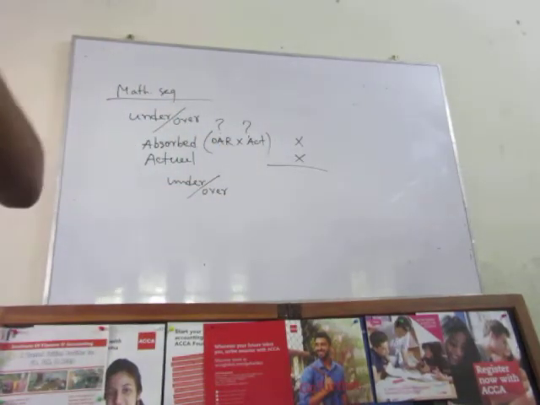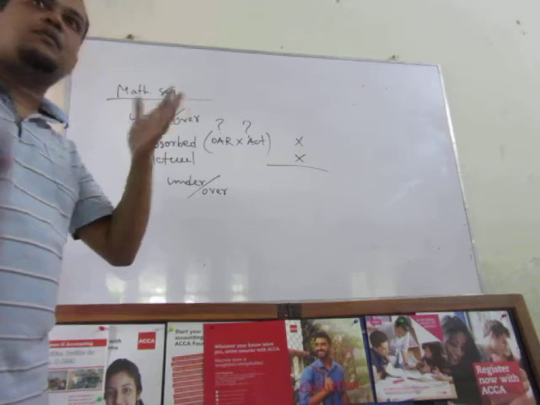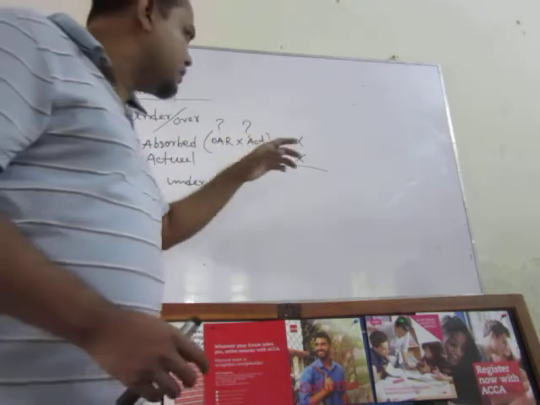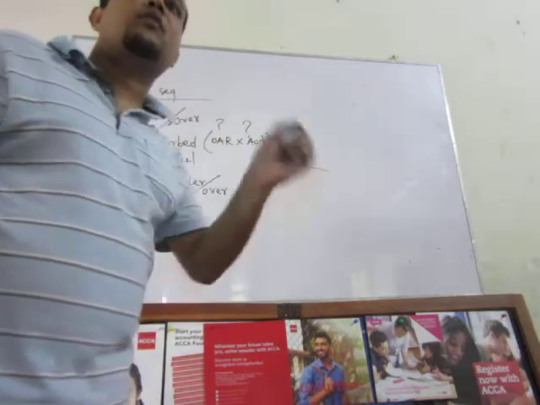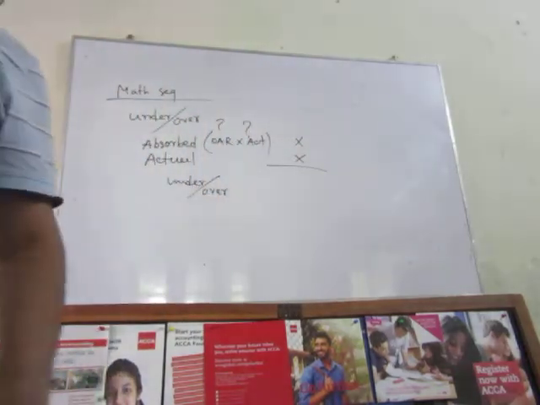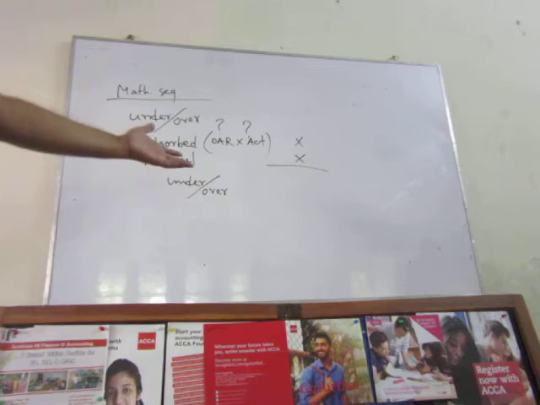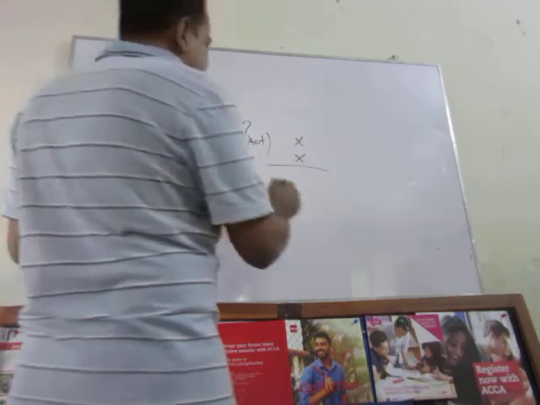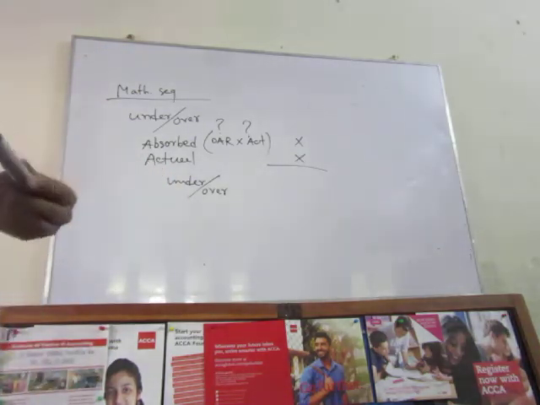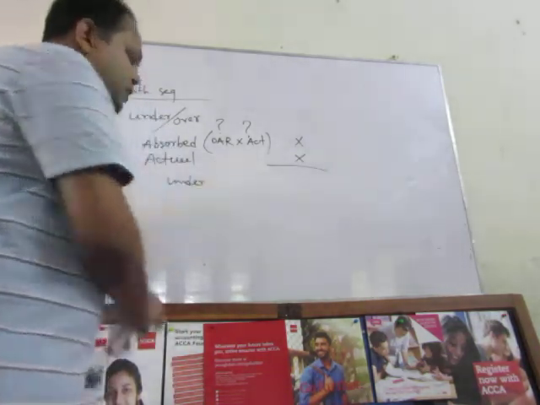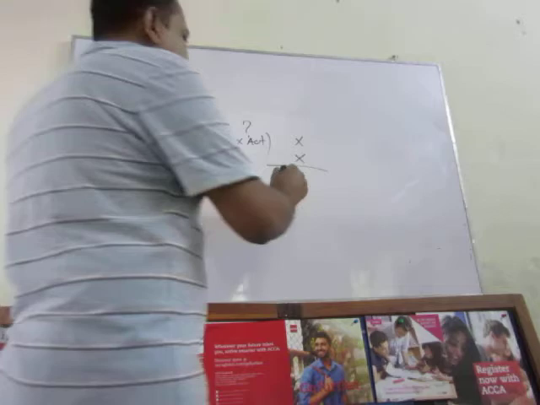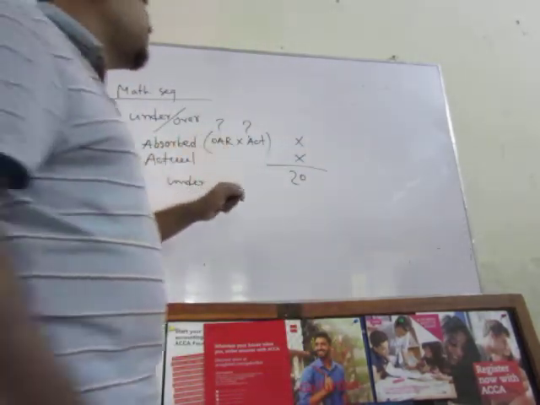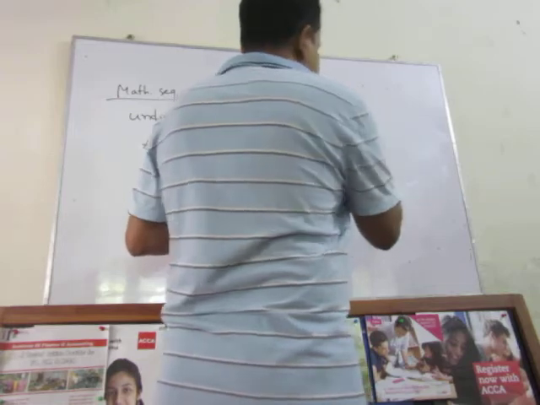But the fact is, when the word under over is there, first use this structure. Then find out what components you are given and what component you are asked to find out. Understood? If you do this, you can solve anything. As for example, under over is given, suppose overhead is under absorbed 20 and this actual overhead is suppose 30.